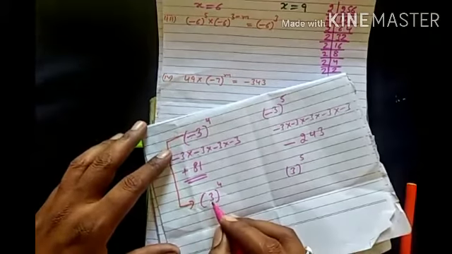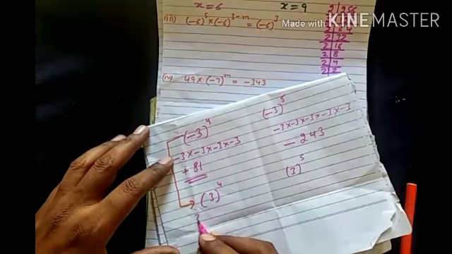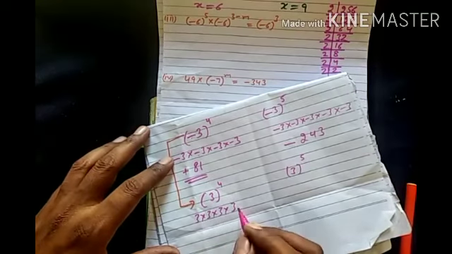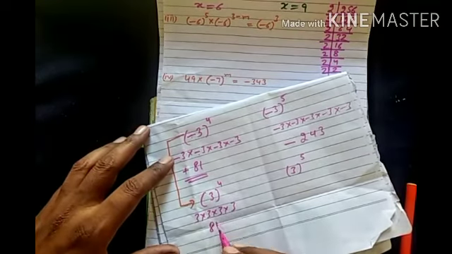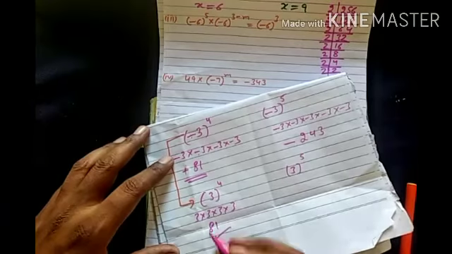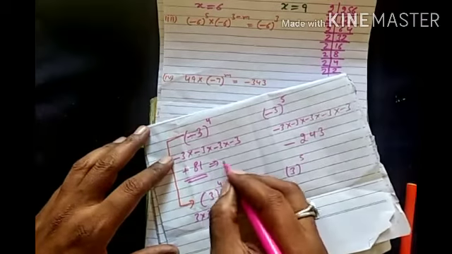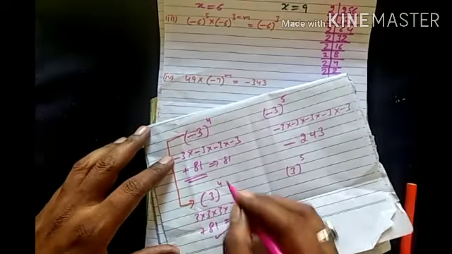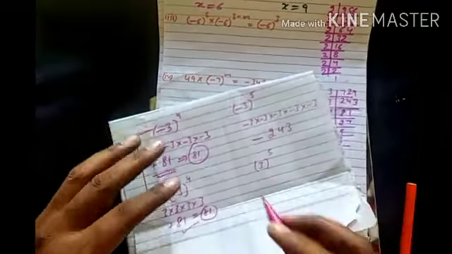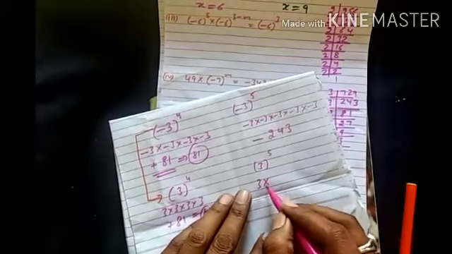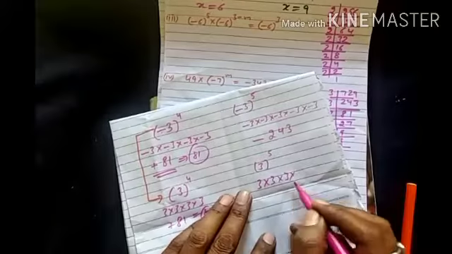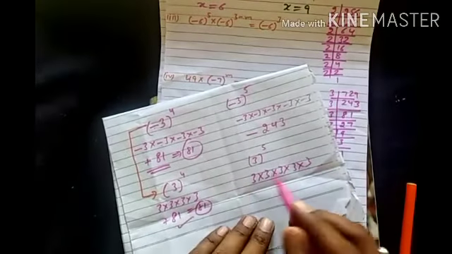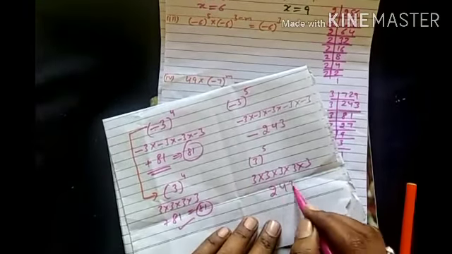Now what will be the answer? 3, 3, 3 and 3. If we multiply 3 4 times, then we get 81, or plus 81, or normal 81. Clear? And here we will see 3 multiply 3 multiply 3 multiply 3 and multiply 3. When we multiply 3 5 times, then we get the answer 243.